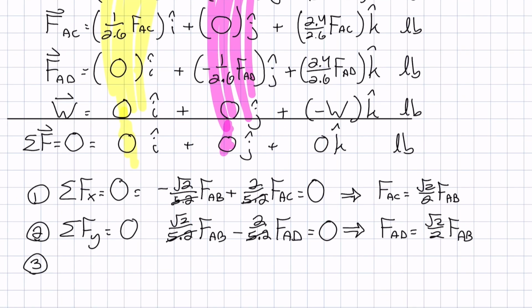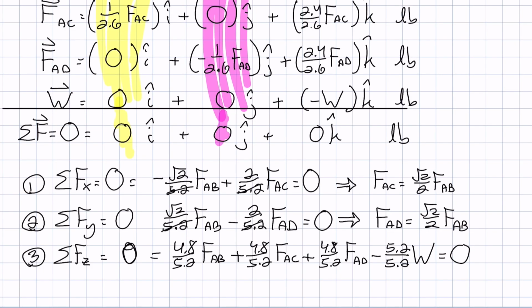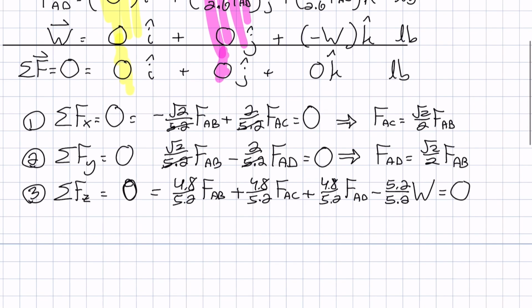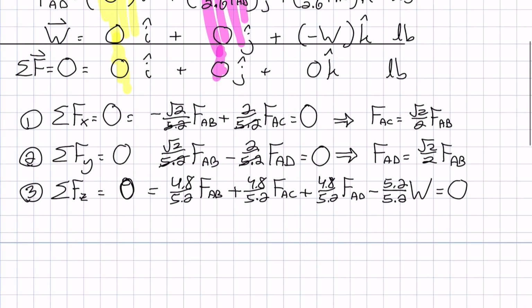Now I'm just going to repeat the process, but with all the k hat components, the z components, and set them equal to 0. When I do that, I get this. Now notice I just made everything with the same common denominator, and that's why when I subtract w there, it's 5.2 over 5.2 for that. Which I can then cancel out, leaving just the numerators there.